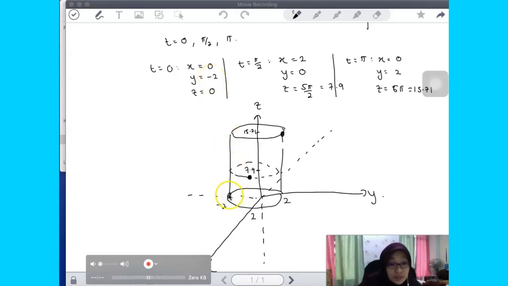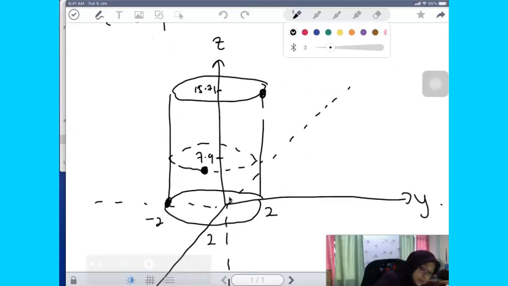Since z equal to 0, this is the first point, so you can sketch the position vector. This is f when t equal to 0.